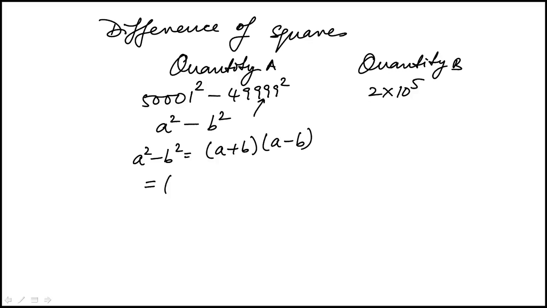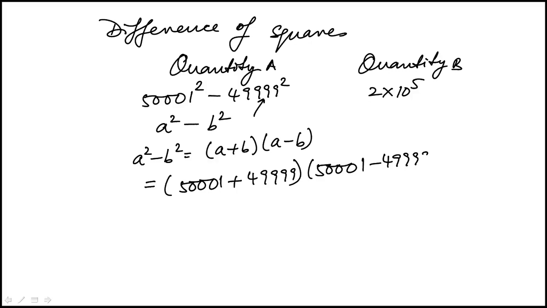So we can rewrite this as 50,001 plus 49,999, and then 50,001 minus 49,999. Now for this number, I just have to add them, and be careful with the number of zeros: that's 100,000.